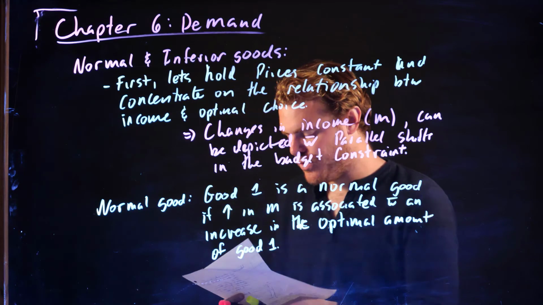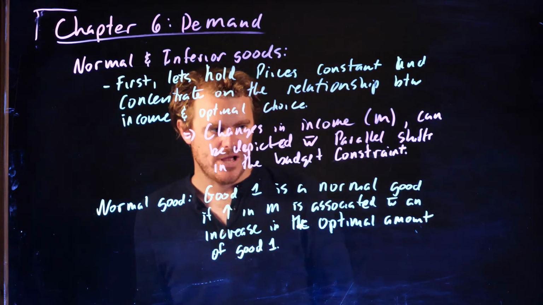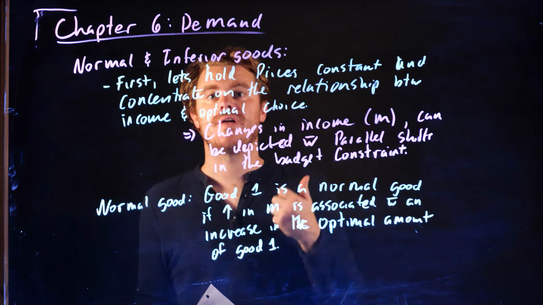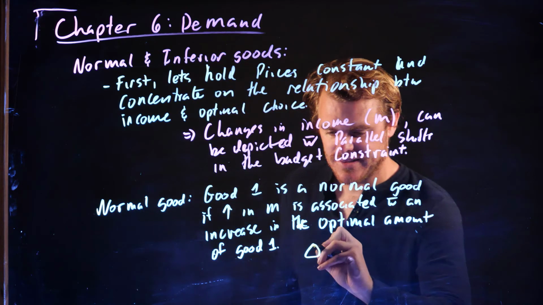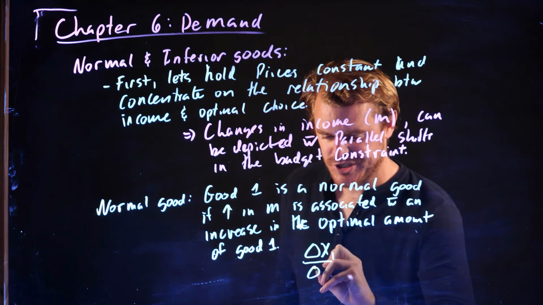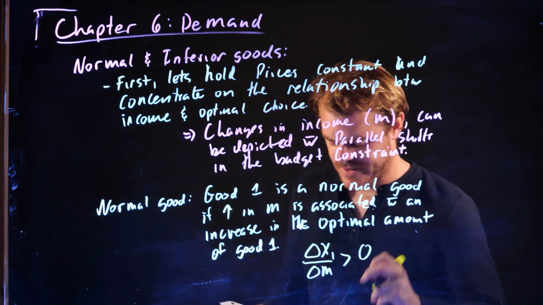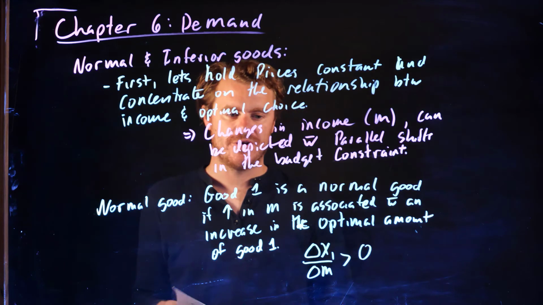So a good is normal if when your income goes up, you purchase more of that good. Your optimal consumption of that good goes up. In that sense, you can think that the change in X1 from a change in income is greater than 0. That would be a normal good.